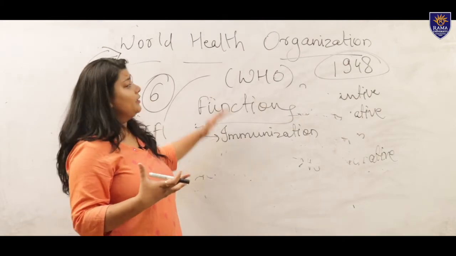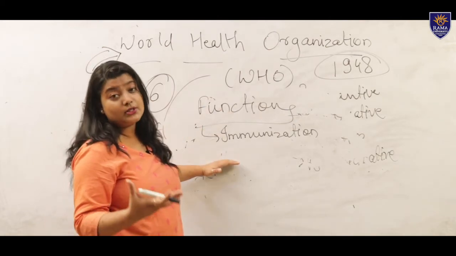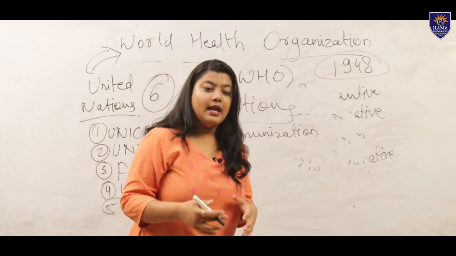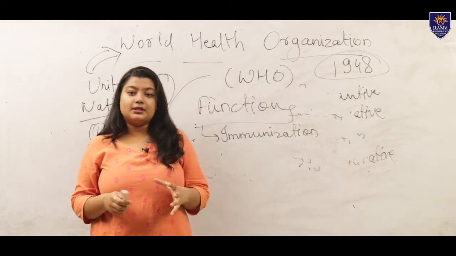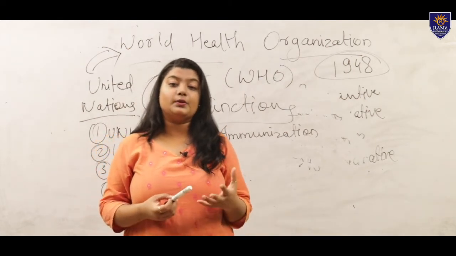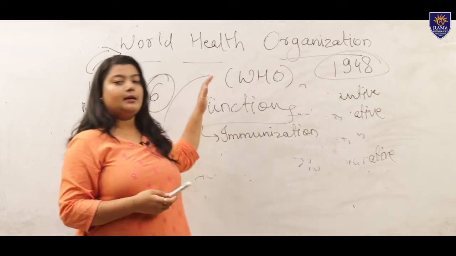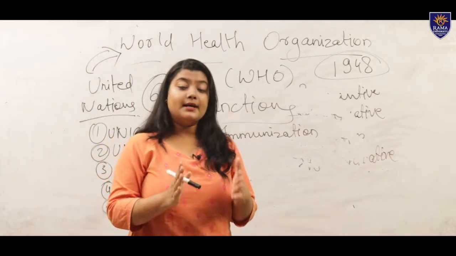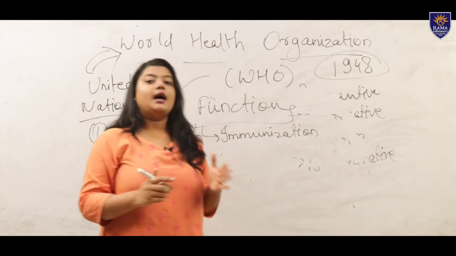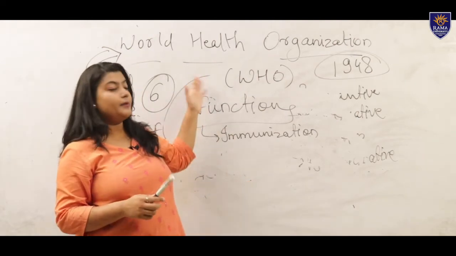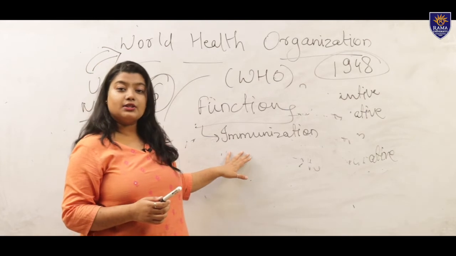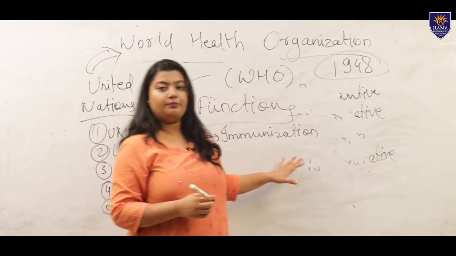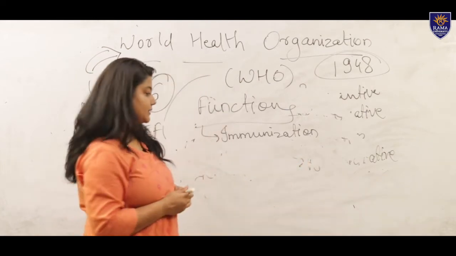Why is WHO concerned with immunization? Immunization programs and schemes are generally referred by WHO, and every country must abide by the guidelines issued by WHO for immunization of children and people against various diseases.